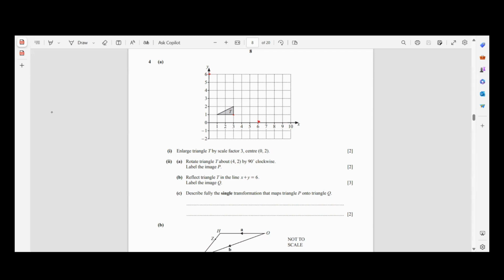So if we draw the mirror, it should be like this. So this point will go to this point. Then this point will go to this point. Then this point, if we mirror it, will go to this point. Okay, so we shall get the triangle like this.